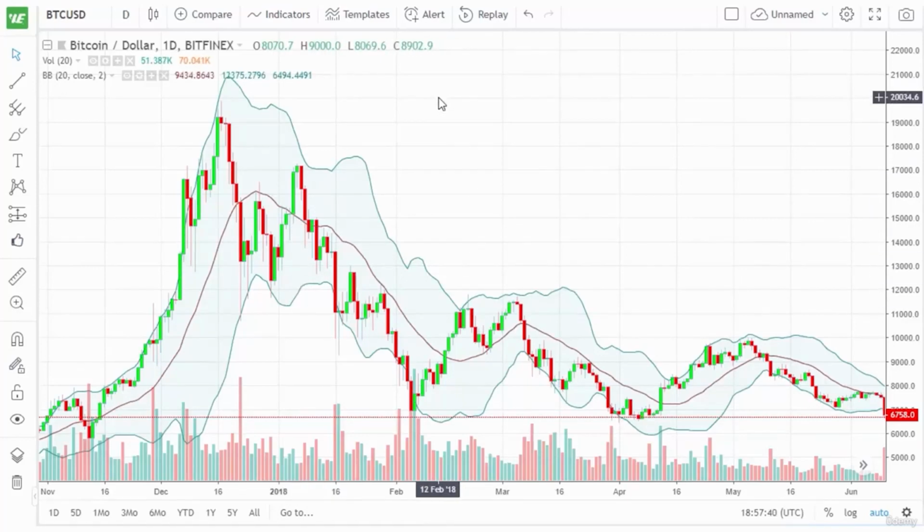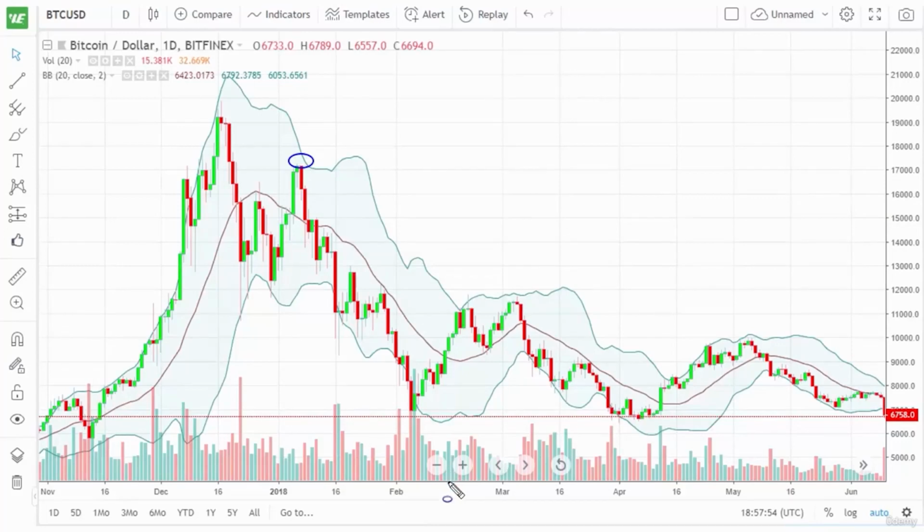So how do you use this? Well, there's a couple different ways to use this, but typically what people will do is they will follow the moving average. So they don't have any interest in trying to, for example, as we rolled over here, they would not be looking to buy. They would recognize that as we approach the two standard deviation area here, that could be a sell signal.